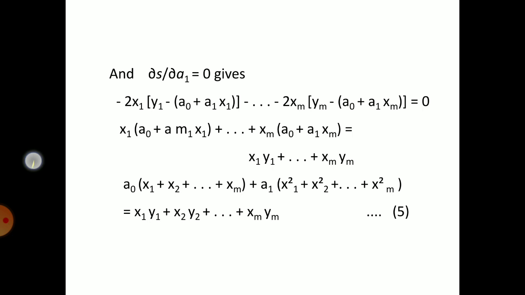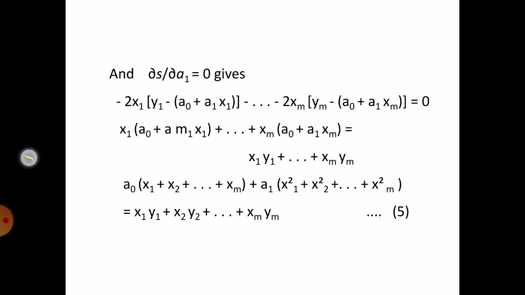Now here, the first term after multiplying by x1 is a0 x1, a0 x2, and finally the last term a0 xm. From these m terms we can take a0 common, and in bracket x1 plus x2 plus on to xm, plus again a1 common.